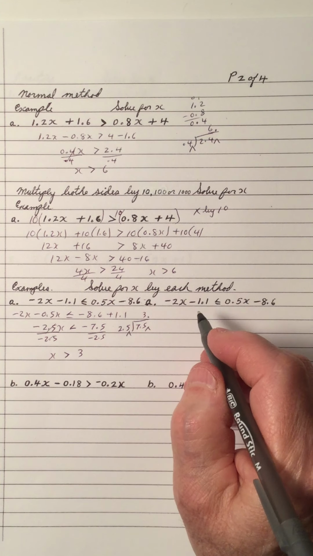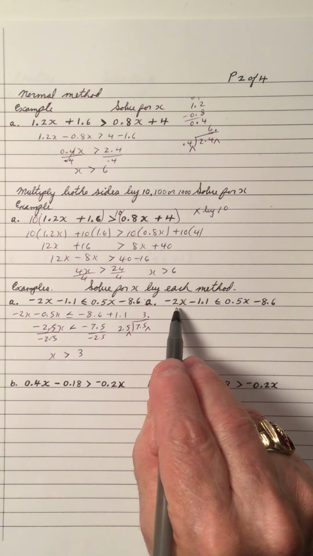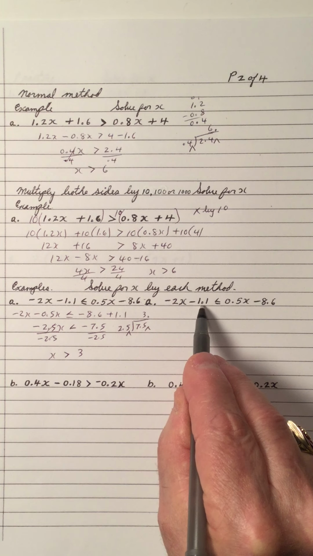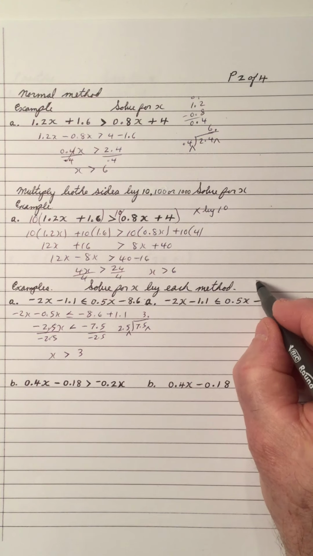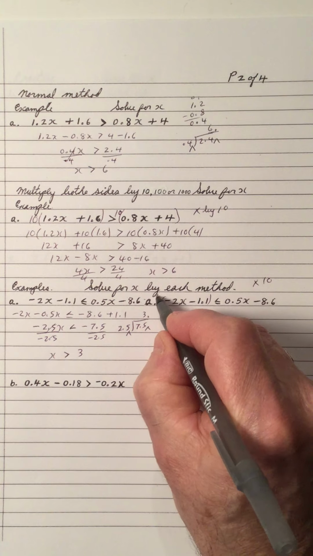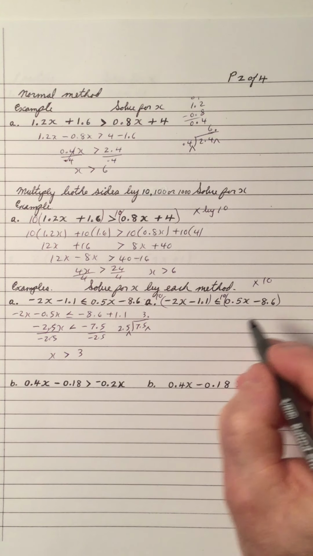But if I multiply by, I'm going to say LCDs for fractions. I have one decimal place here and one decimal place in each of these, so I'm going to multiply by 10 on both sides, because multiplying by 10, there'll be no decimals left.